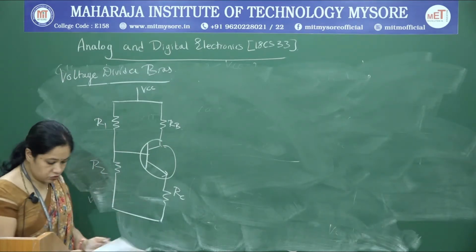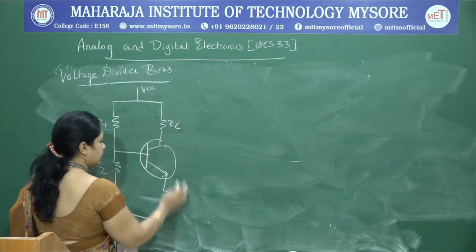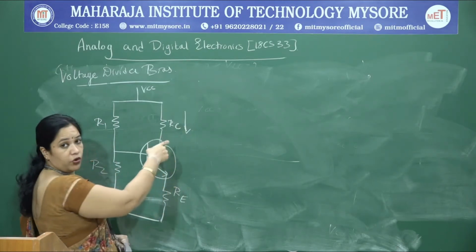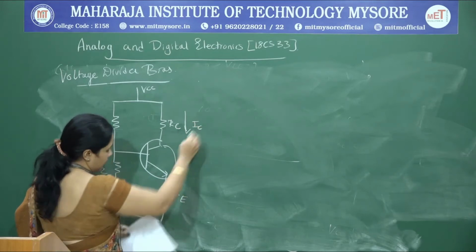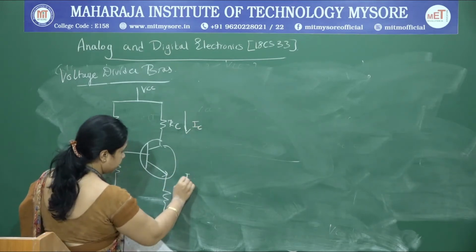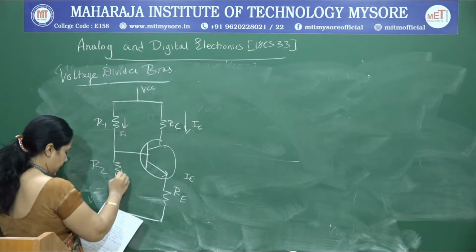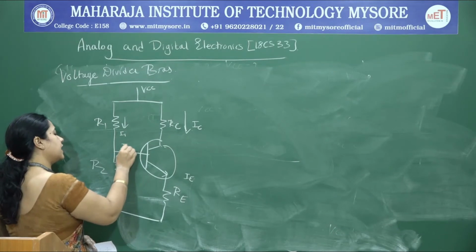If I need to designate the currents, this is your collector current and this is your emitter current. So let me call the current flowing through the collector resistor as IC and this as IE, and I will call these currents I1 and I2, and whatever flows into the base, let me call it IB.